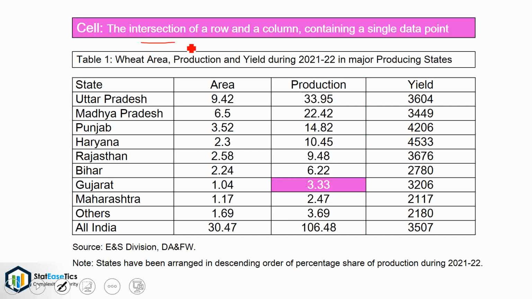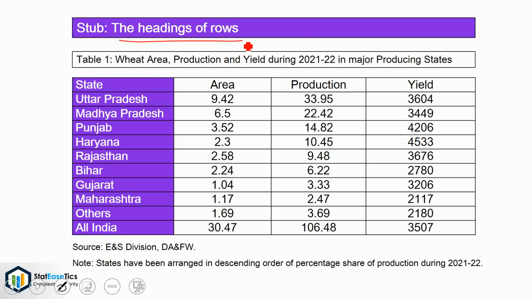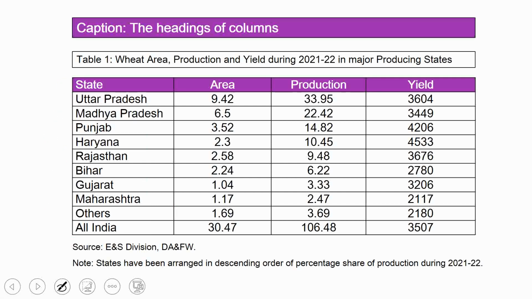The intersection of a row and a column containing a single data point is called cell. The headings of rows are called stubs. The headings of columns are called captions.